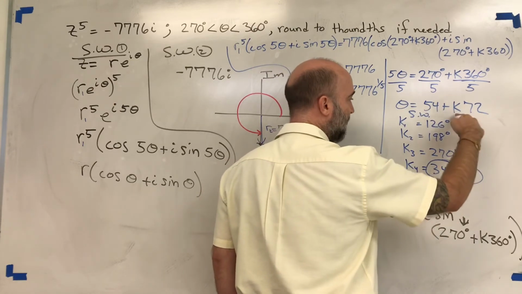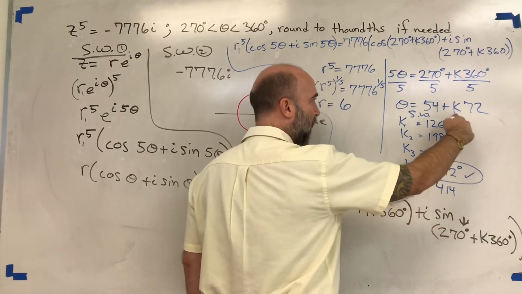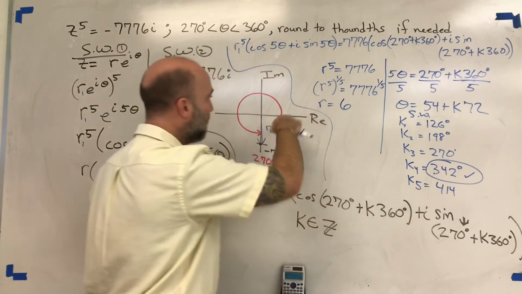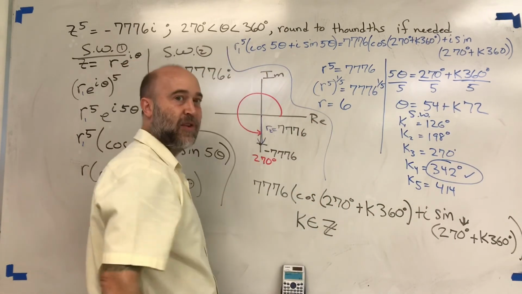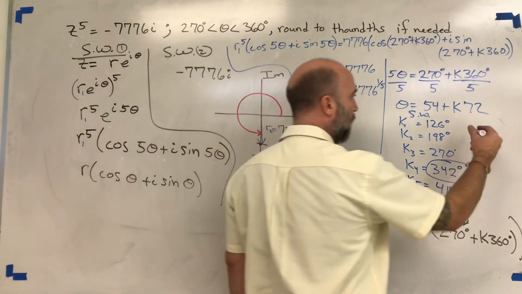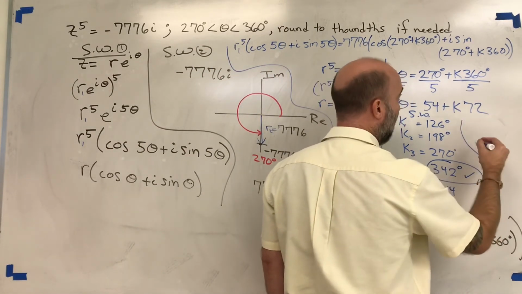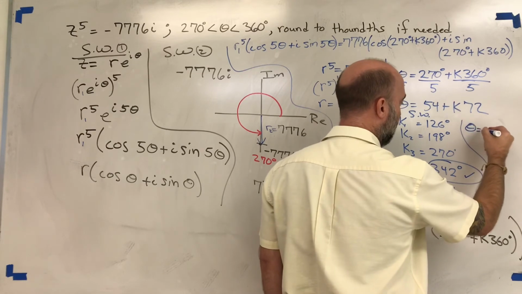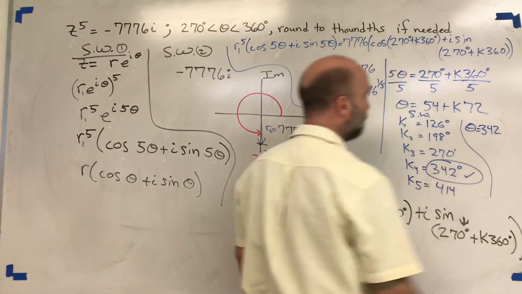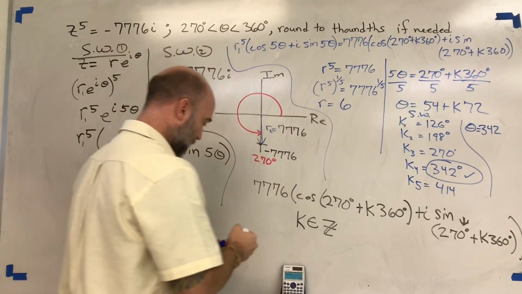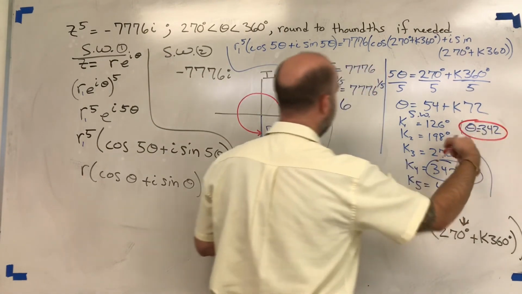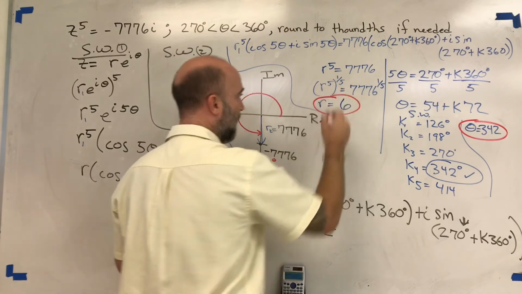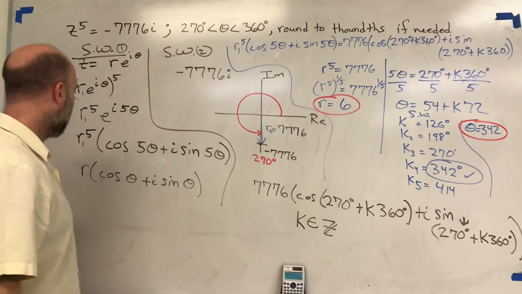All that means is that when I plug in the number 4 here, I go around this 4 times and then I land in the place that I need to be. So my theta is equal to 342. I'm going to circle it because things got pretty messy over here. That's important, what we did all that work for.